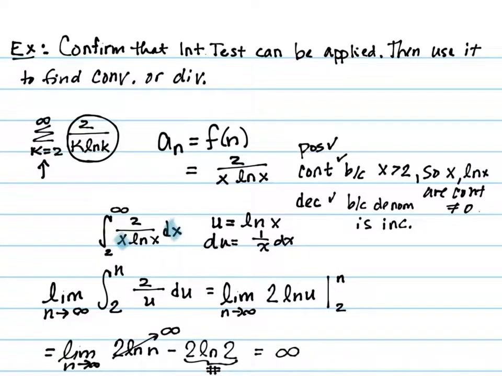So what does that mean? It diverges. So this piece, right, the integration diverges. So that tells us that our summation from k equal 2 to infinity of 2 over k ln 2 also diverges.